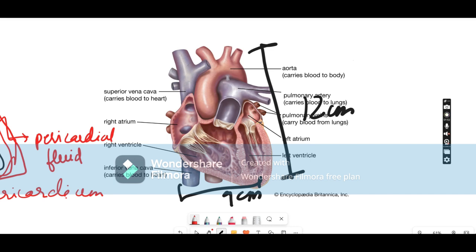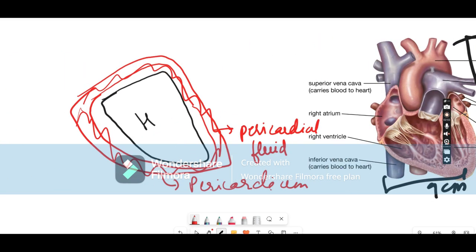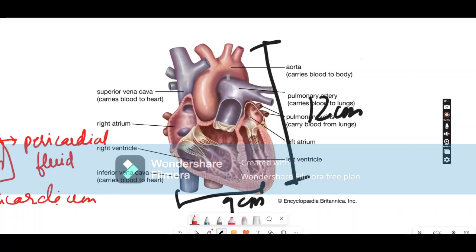So that causes a lot of friction and causes a lot of wear and tear. But we have to prevent that wear and tear because we do not want our heart to get damaged, right? So this pericardial fluid comes to the rescue. It provides lubrication to the heart. Thus, when it beats, there's very less friction produced, and it prevents the mechanical damage.